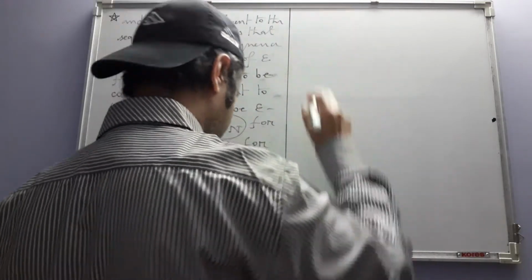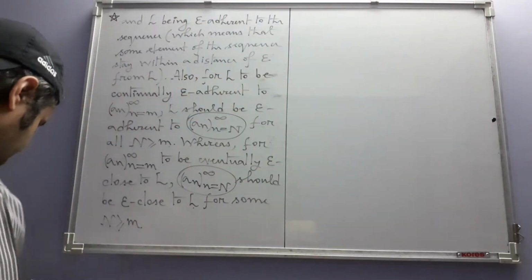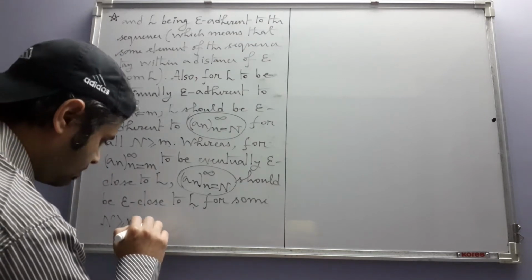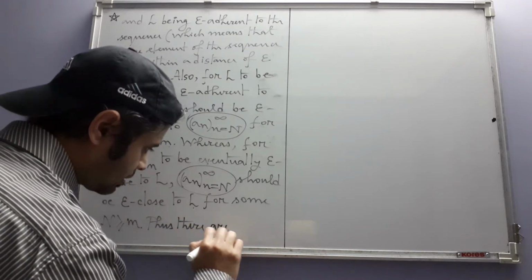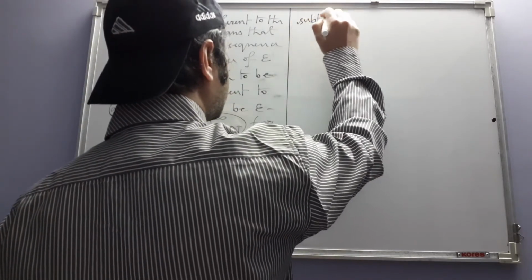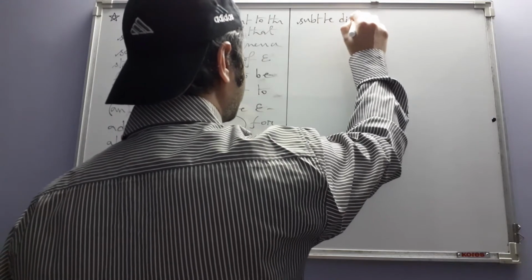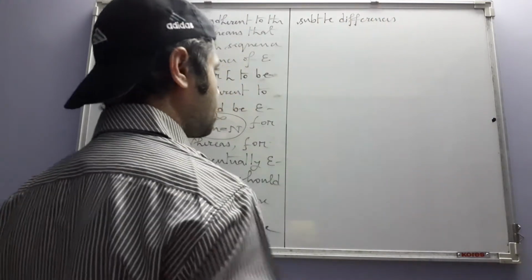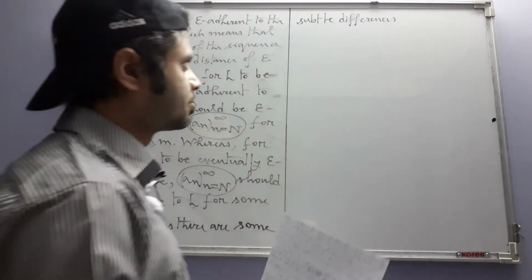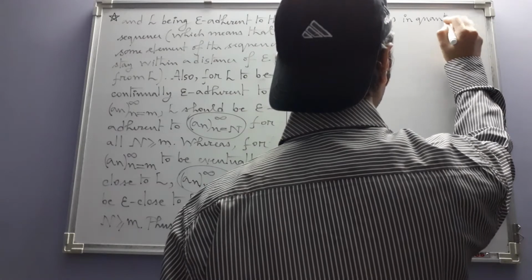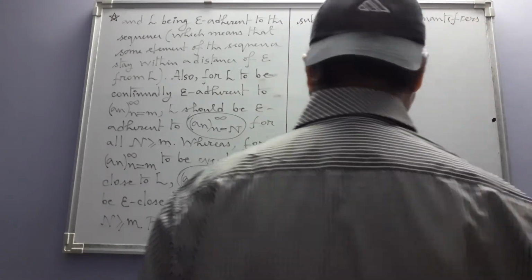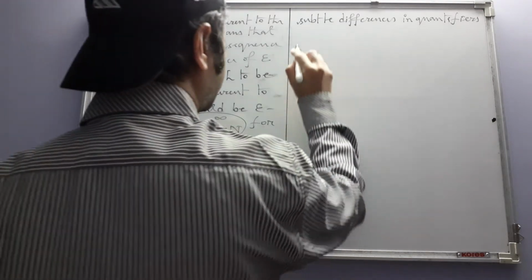Thus, there are some subtle differences in quantifiers, that is this for all, for some, quantifiers between limits and limit points.